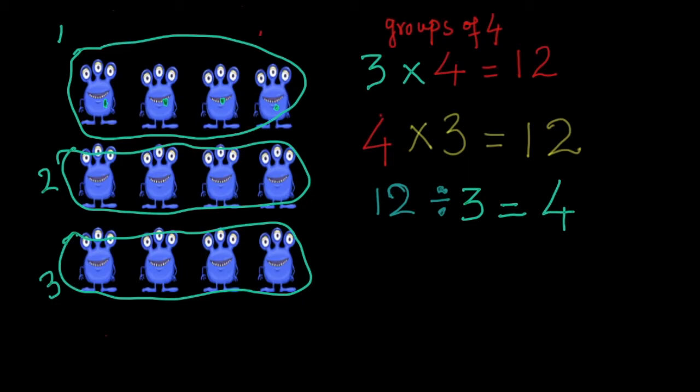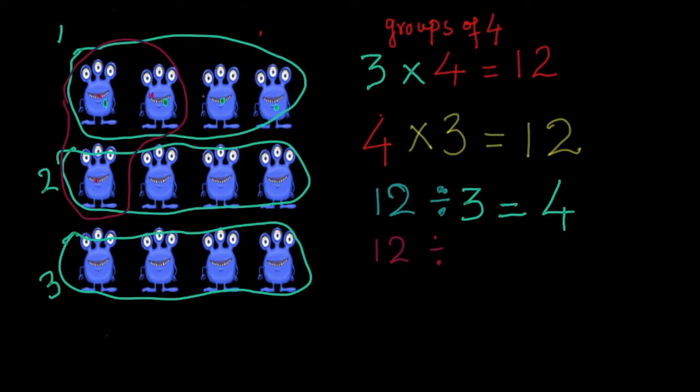Let's check this out. Okay, so we have 12 aliens in total, and we are going to make equal groups. Once again, we can make groups like this. Okay, so we have 3 aliens, 1, 2, 3 in this group.